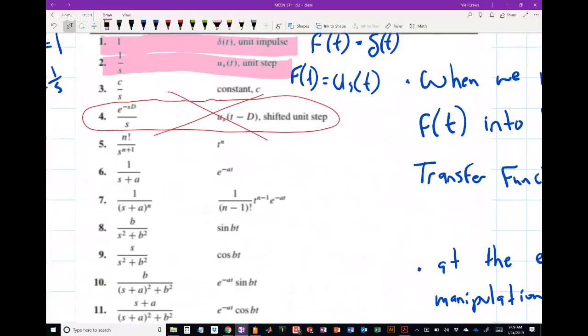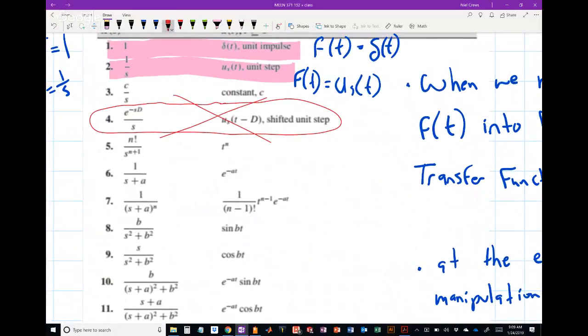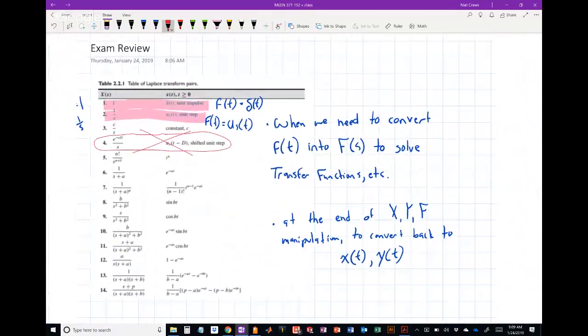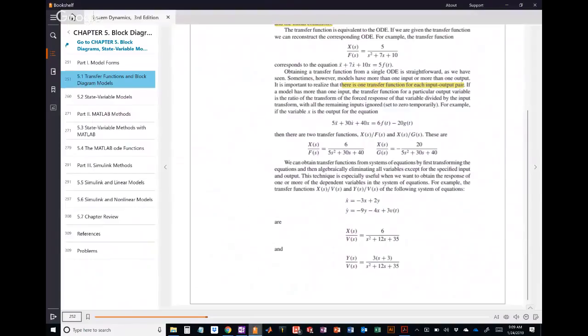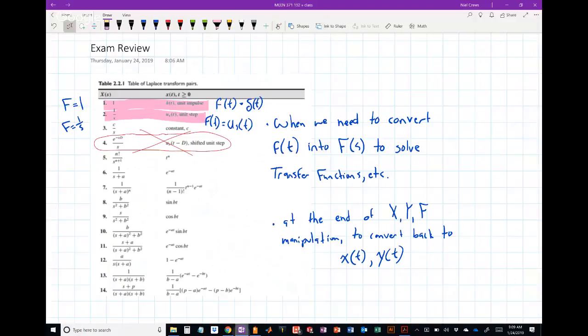The reason is this shifting is only interesting if you also have some non-zero initial conditions. Get something swinging, and then a little while later we apply this force or something like that. This has more to do with initial conditions, so we're not going to do that. Oh, where was I?